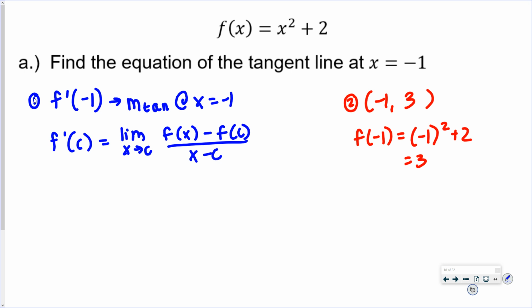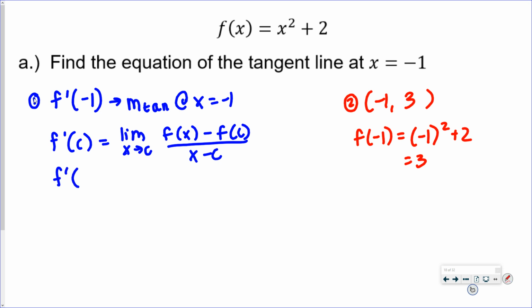This is why this alternative definition comes in handy, because it's very similar to your slope equation: f of b minus f of a all over b minus a, y2 minus y1 all over x2 minus x1. And then we're just using limits to say, as my function is approaching that value, what is the slope approaching? That's where this comes from.